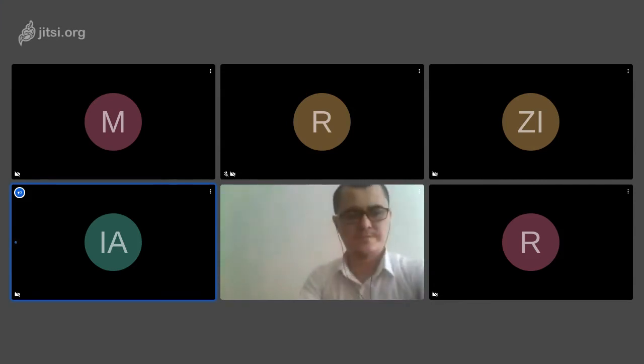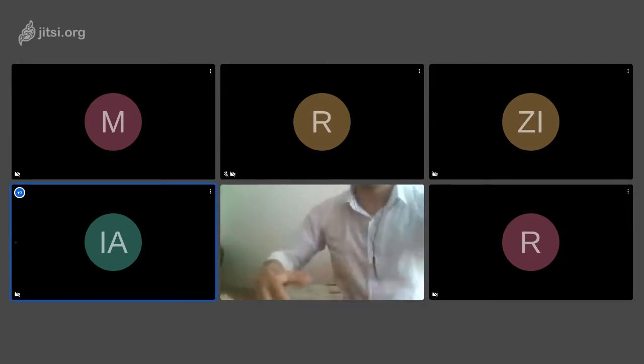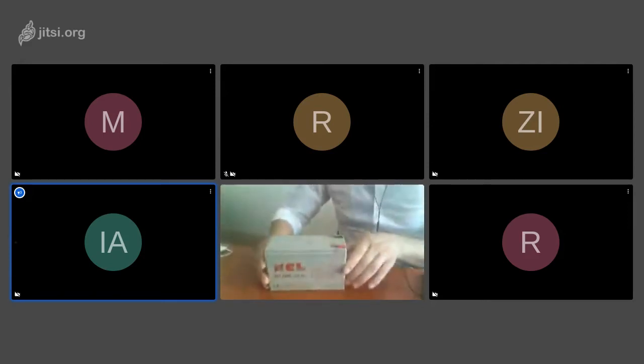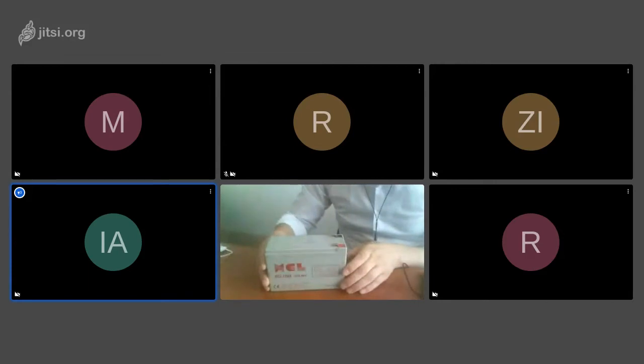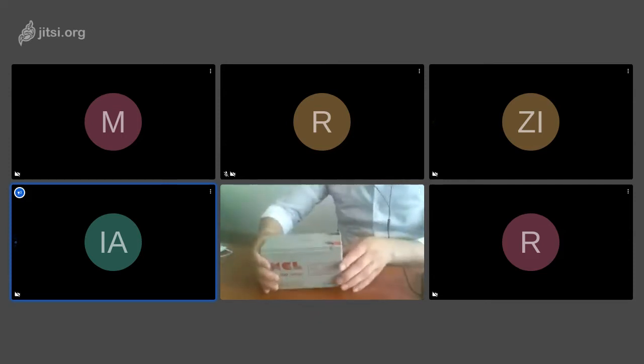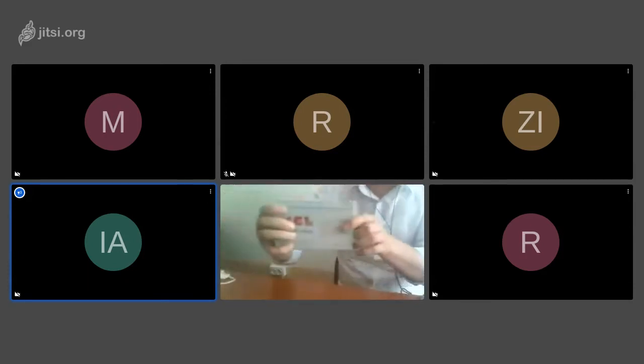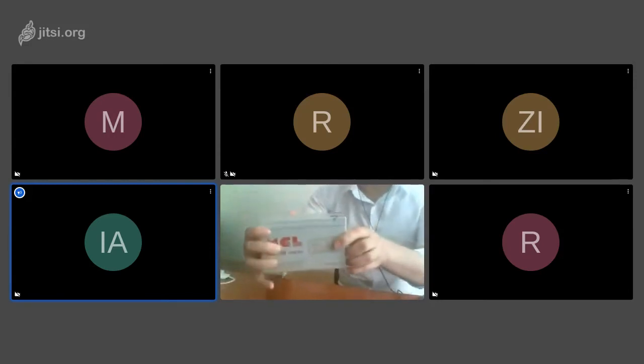Can you see it? This is a battery. Let's put it that way. You see that, right?